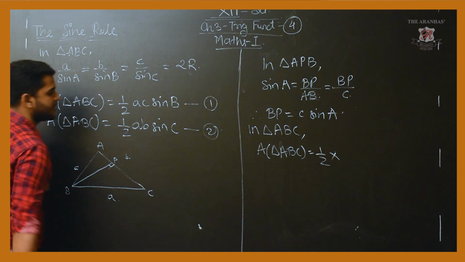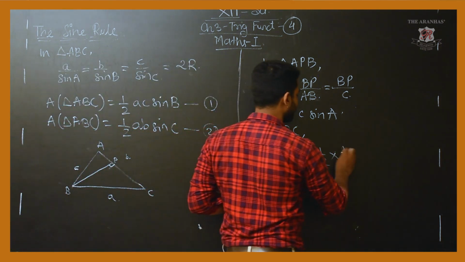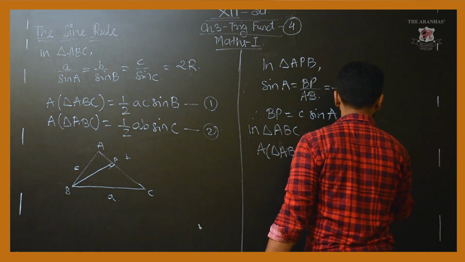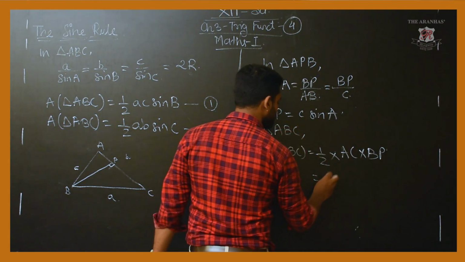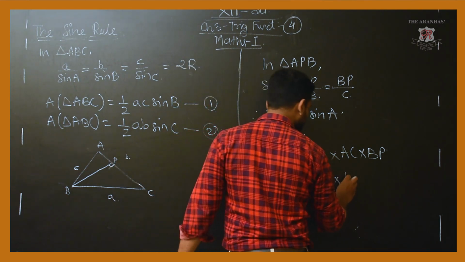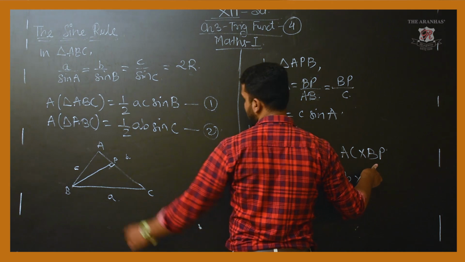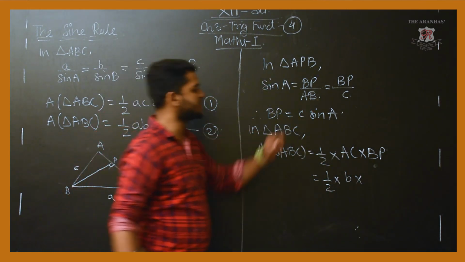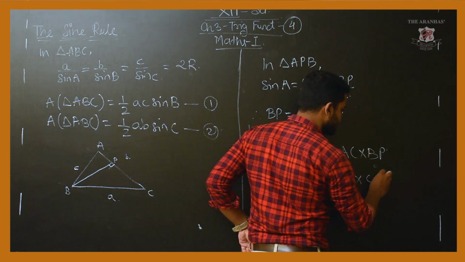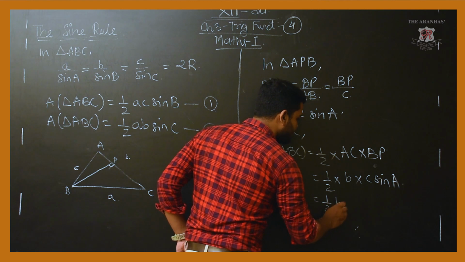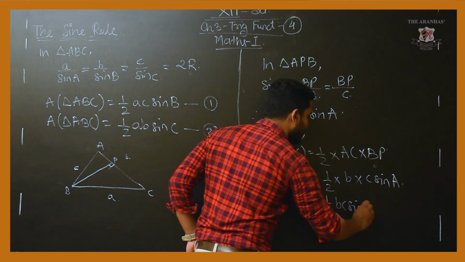So base is AC and the height is BP. So half into base AC, means the length b, into BP. We know the value of BP. Here we have calculated it, c into sin A. So half bc sin A.